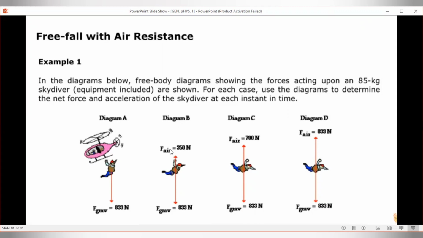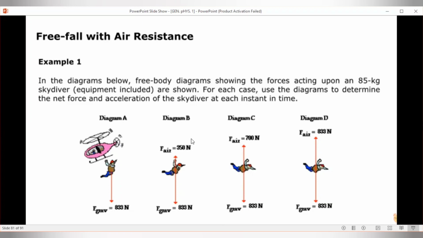Diagram B, you have an air resistance of 350 newtons with the same force of gravity, and diagram C, you have 700 newtons air resistance and the same force of gravity, 833.